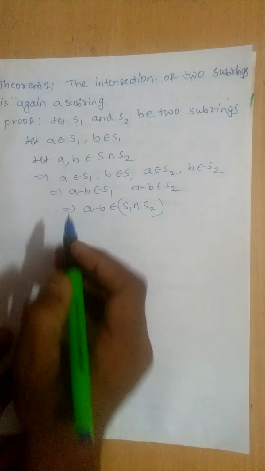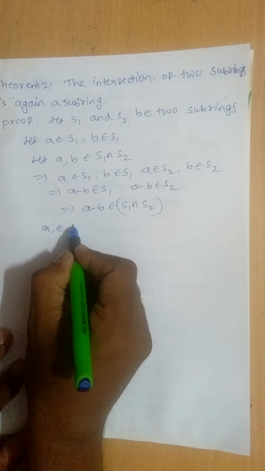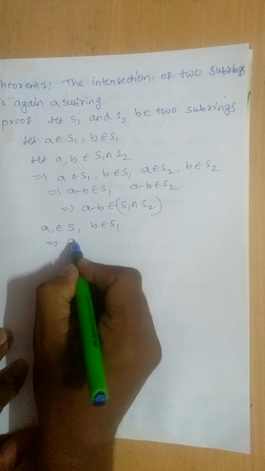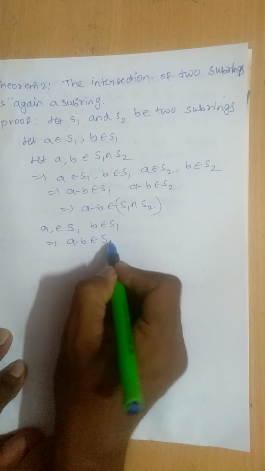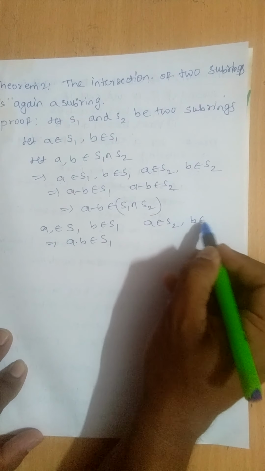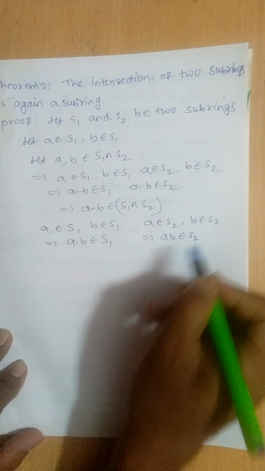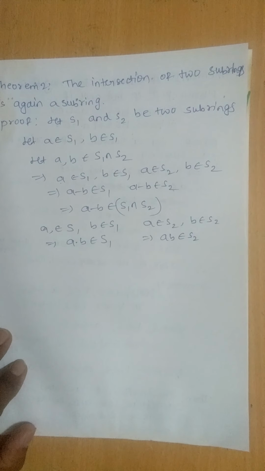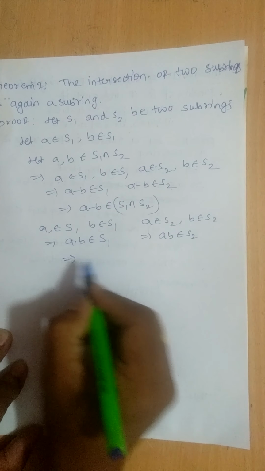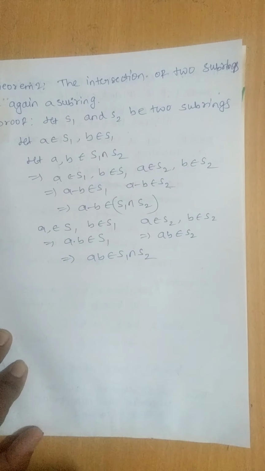Similarly, a belongs to S1, b belongs to S1 implies a dot b also belongs to S1. Similarly a belongs to S2, b belongs to S2 implies ab belongs to S2, by the previous theorem. So when ab belongs to S1 and ab belongs to S2, it implies ab belongs to S1 intersection S2.